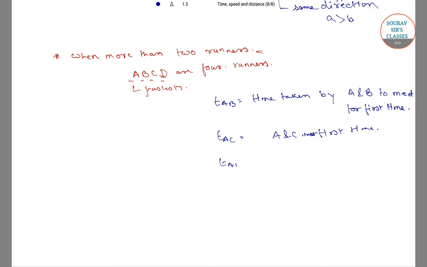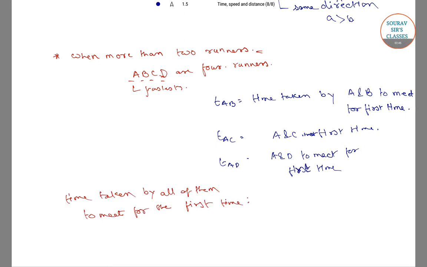And TAD be the time taken by A and D to meet for the first time. Then the time taken by all of them to meet for the first time is the LCM of TAB, TAC and TAD.